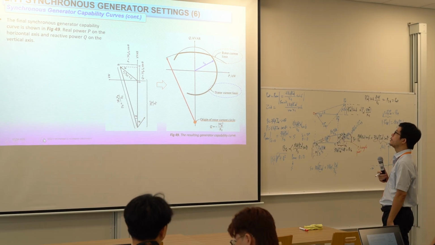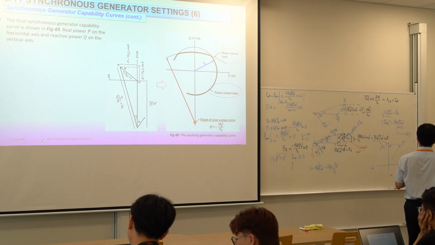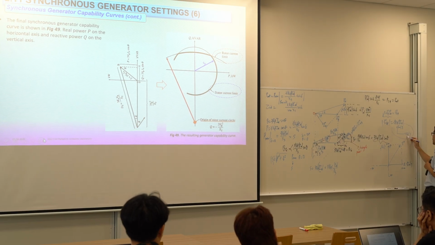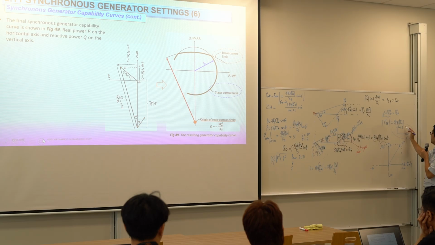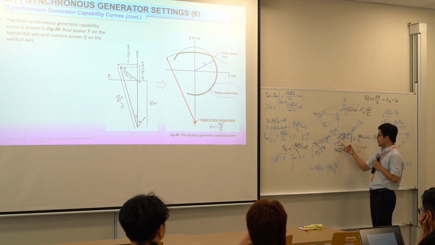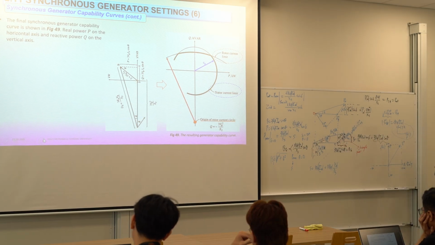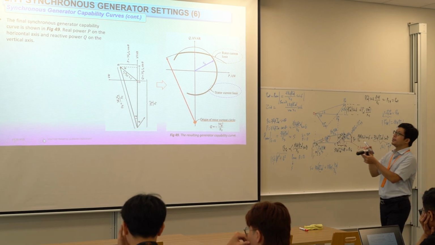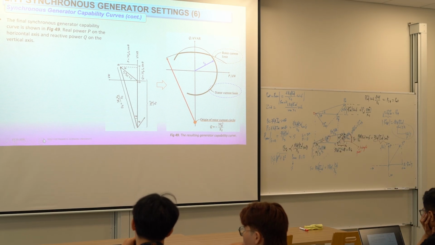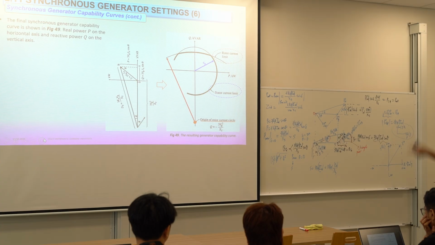Why do we get this one? Because, as we mentioned before, normally here is P, here is Q. But when we consider this power triangle, here is Q, here is P. So we need to rotate 90 degrees counterclockwise.